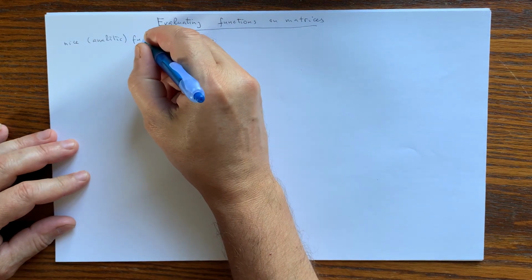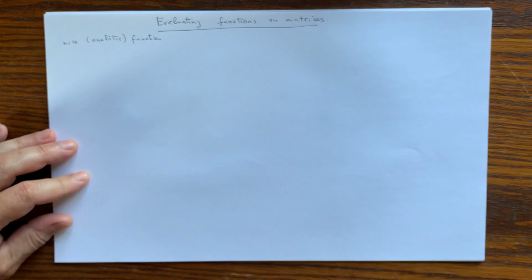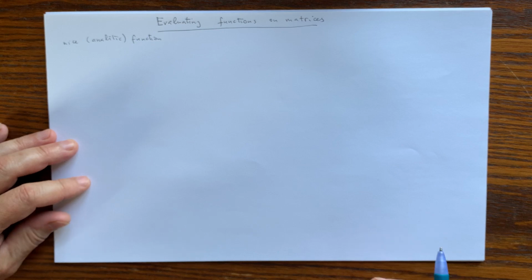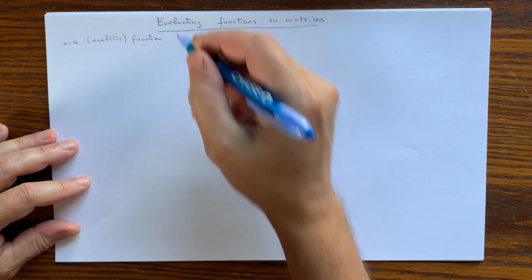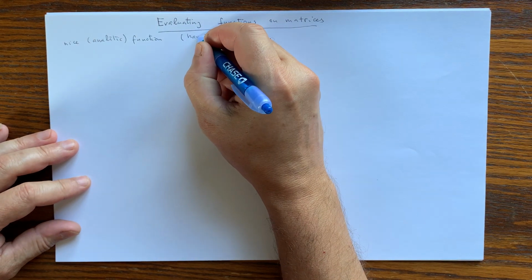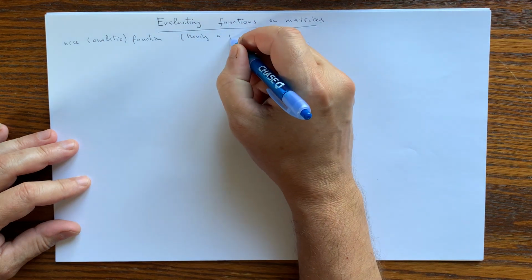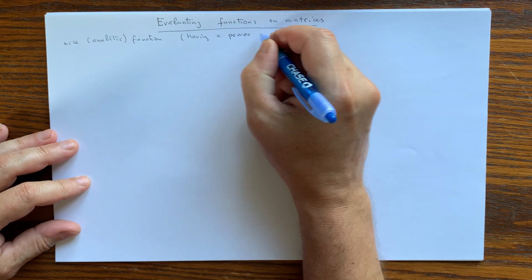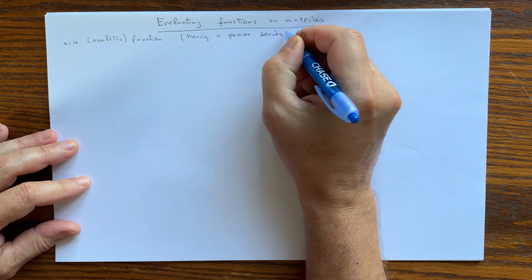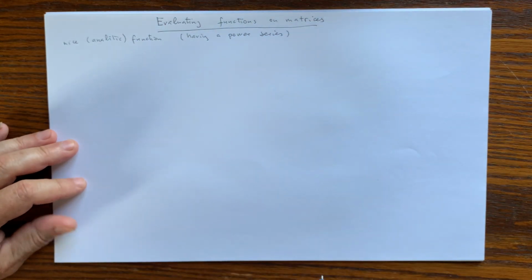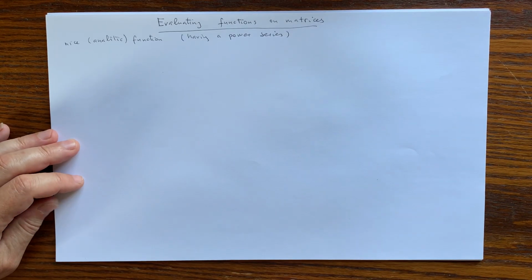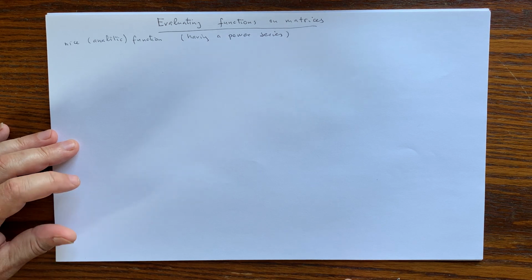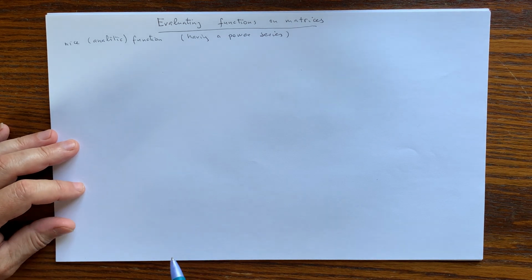And analytic means one having a power series presentation. For example, Maclaurin series at 0, representing function in the neighborhood of 0 with non-zero radius of convergence.